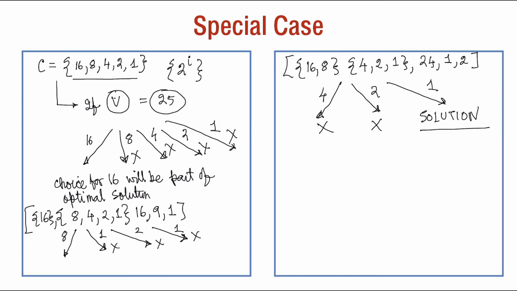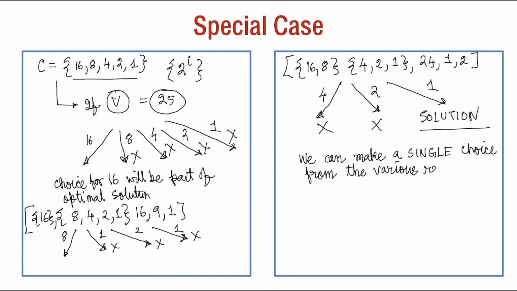So here I see that there are special cases in which we can make a single choice from the various recursive subproblems.